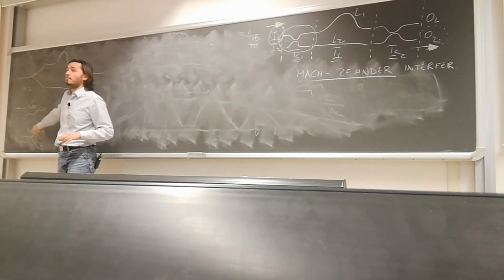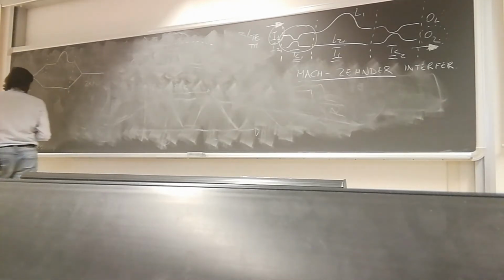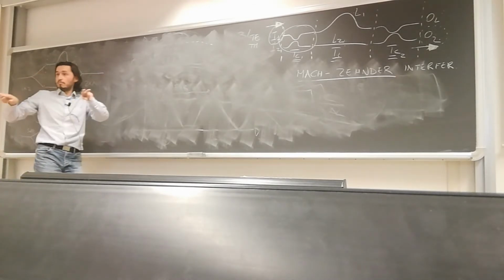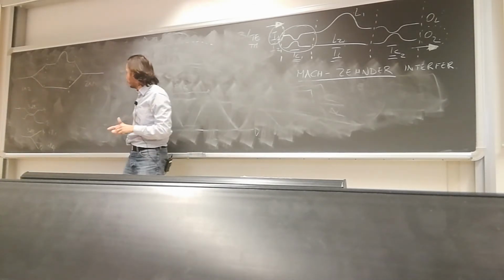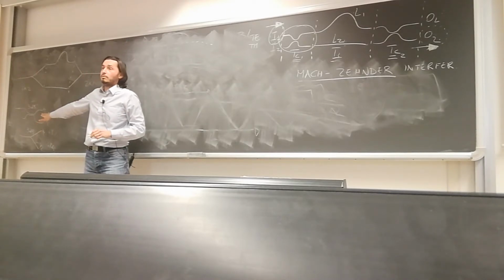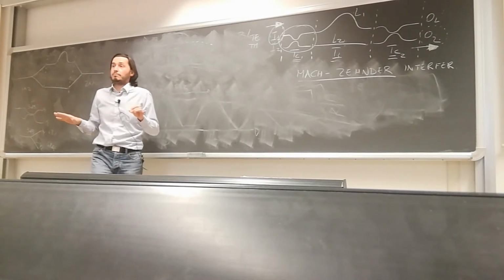So you have again 50-50 splitting, but it's not 50% of the input. Maybe you have, if you change the frequency, 48 and 48. So it's still a 3 dB splitter because the output is the same, but you have some power that is lost, but it's still balanced.